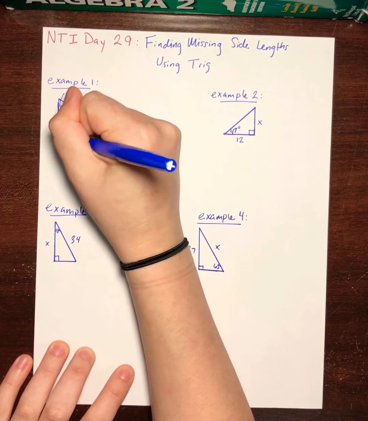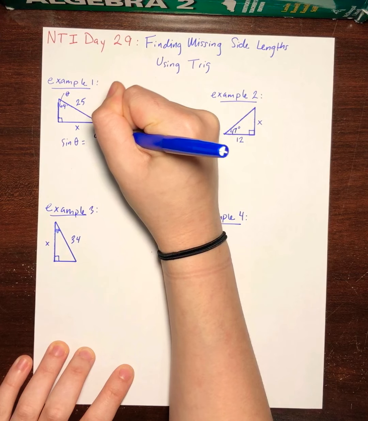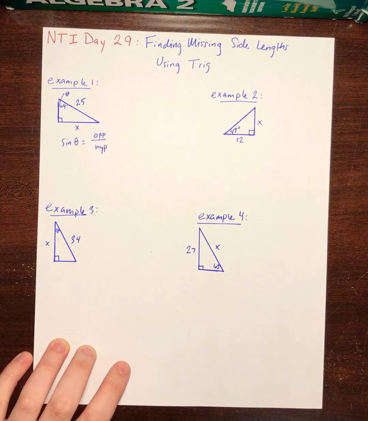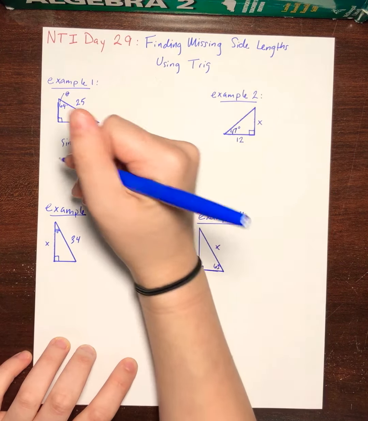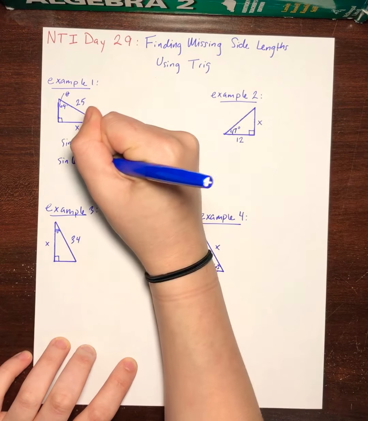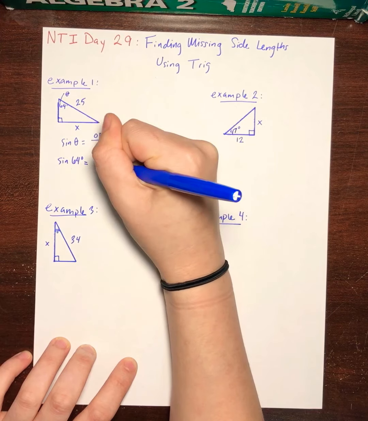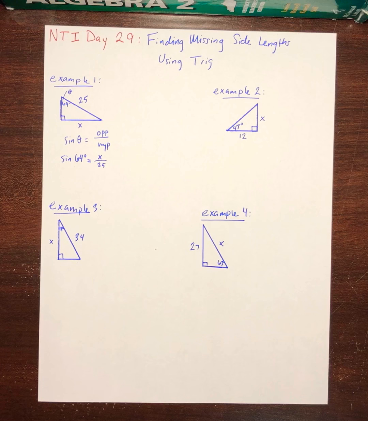So if you remember, sine is opposite over hypotenuse. So we're going to be using sine to figure out what x is with this triangle. So instead of theta, we're going to have 64 in there. So sine of 64 degrees equals opposite x over hypotenuse 25. So that's just the setup of our problem here. And our goal is to figure out what does x equal.